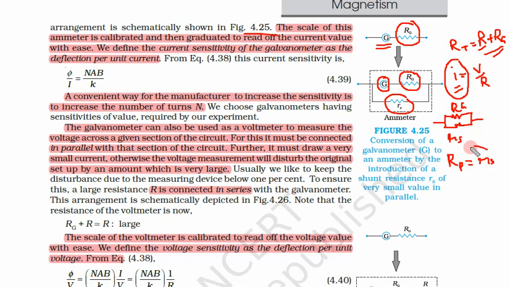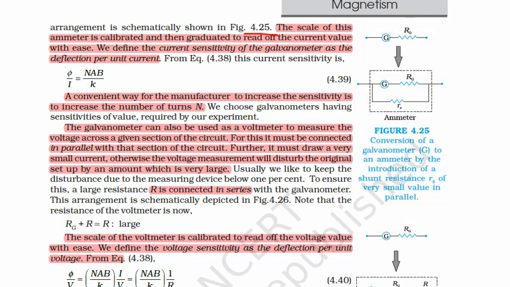Again this Rs is very small, so this R total is equal to R plus small rs. Since this small rs is very small, we can neglect it. So the resistance will remain almost the same and we can accurately measure the current. So that's why we have introduced this small resistance Rs.